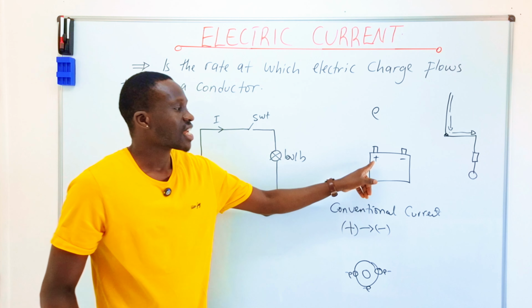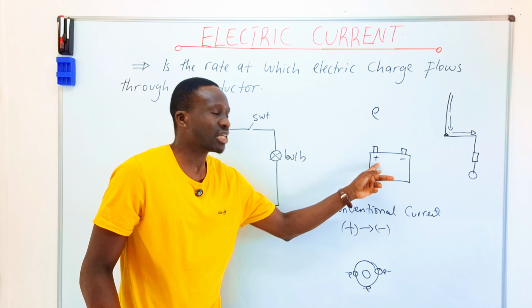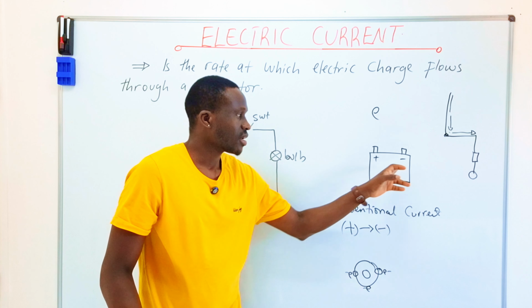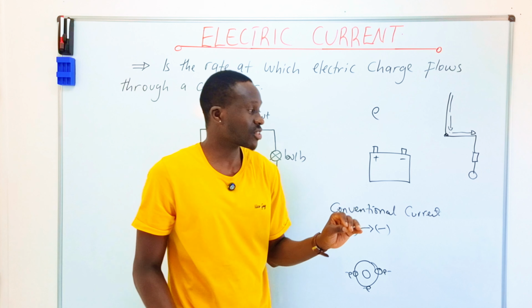On the outer shell, the valence electrons carry a negative charge. People tend to think that on the battery power moves from the positive. No, it moves from the negative, static electricity.